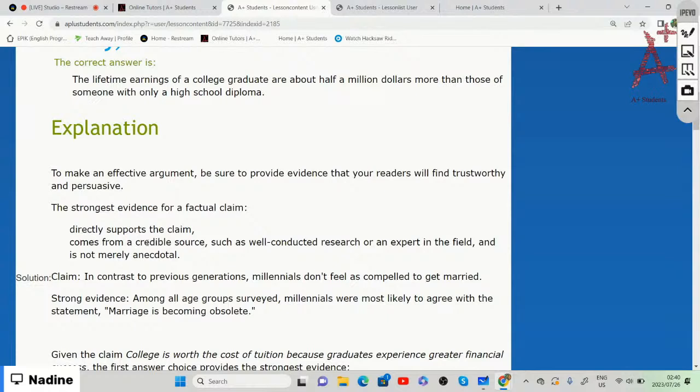If we look at claims, we see that with claims, in contrast to previous generations, millennials don't feel as compelled to get married.